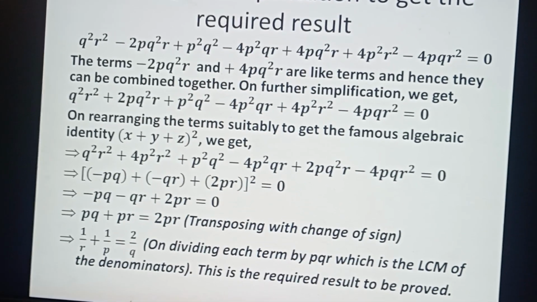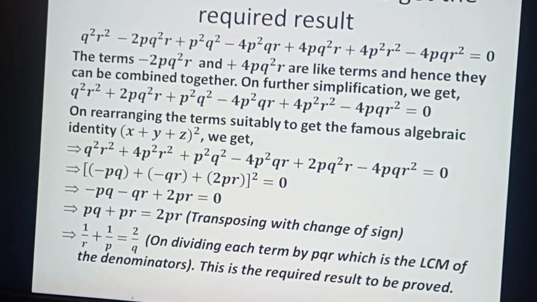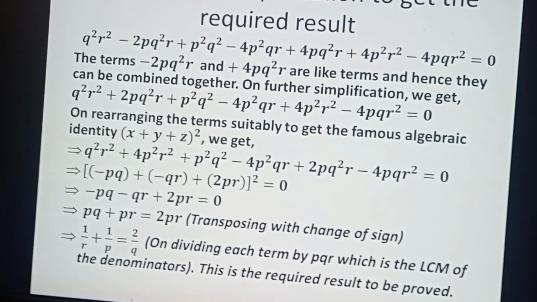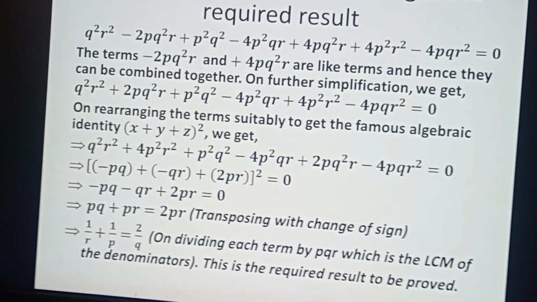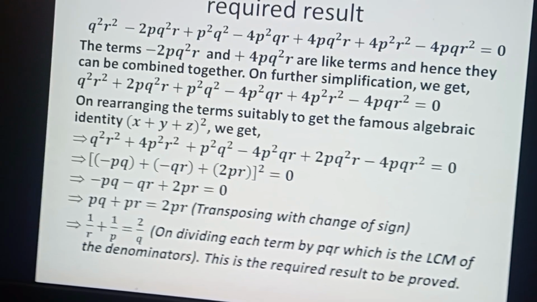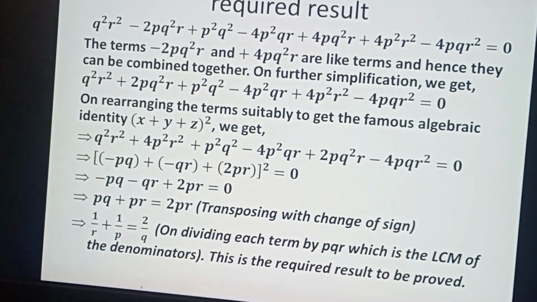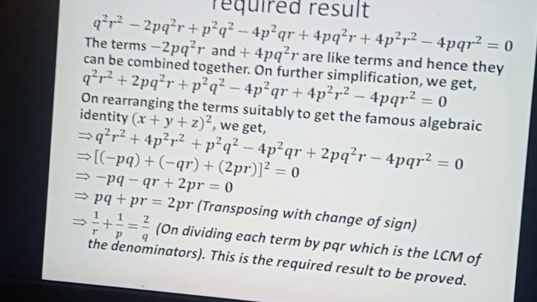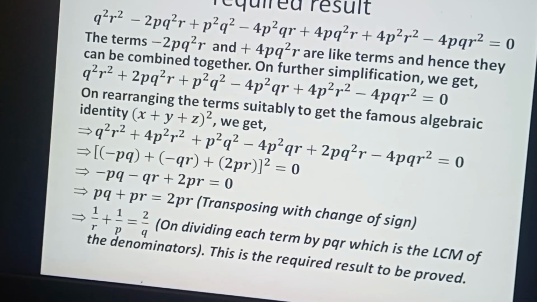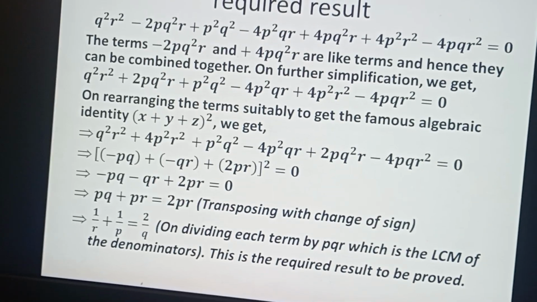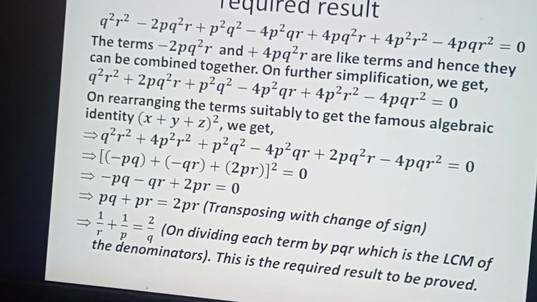And transposing with change of sign, we do some simple manipulation here. We change pq and qr to one side, and 2pr and qr. So we will be getting 1 by R.